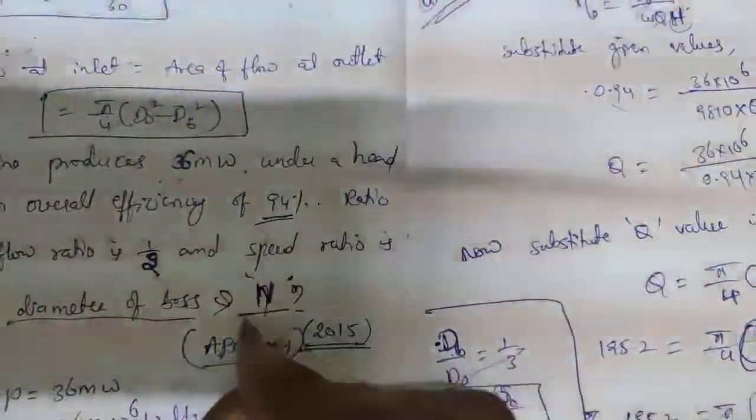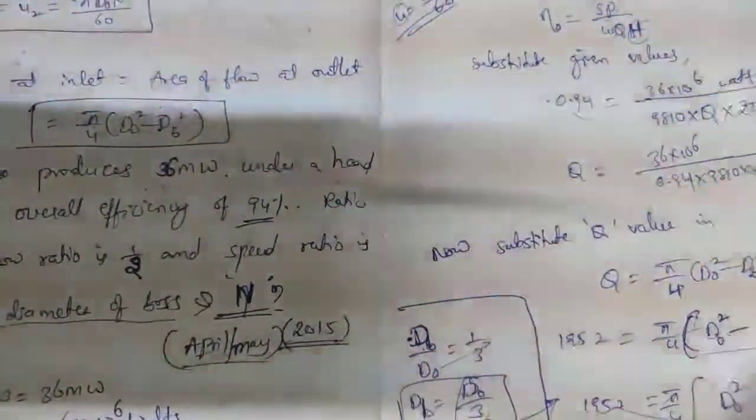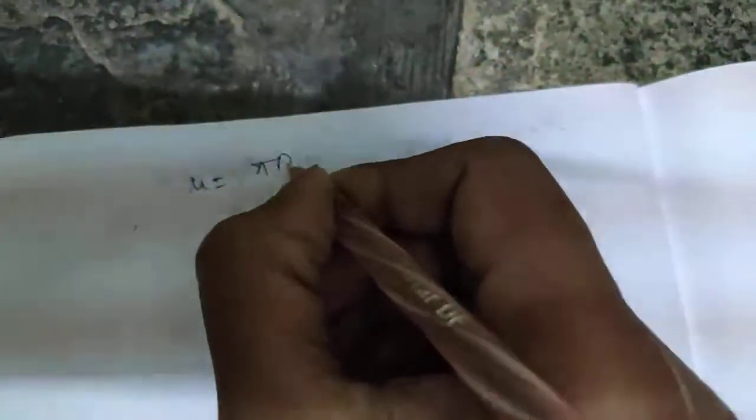Next we need to calculate the N value, that means speed. The relation between tangential velocity and speed is u equal to pi d naught N by 60. So you know the values.